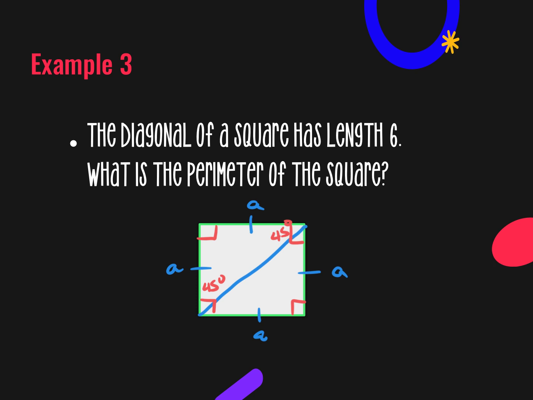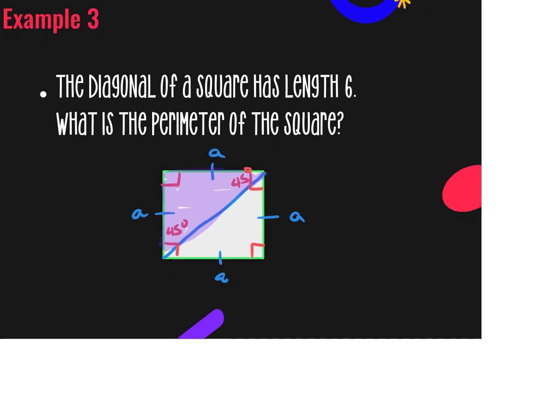So now what I'm going to focus on is just this triangle here. I'm not going to do the whole square. I'm just going to focus on one of the triangles, and it's one of the special ones that I just covered. So let me just pull that one out. And you could have done the bottom one, it doesn't matter.